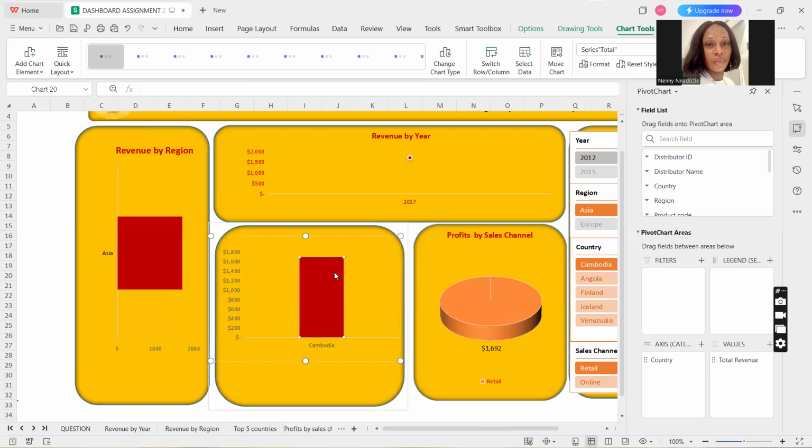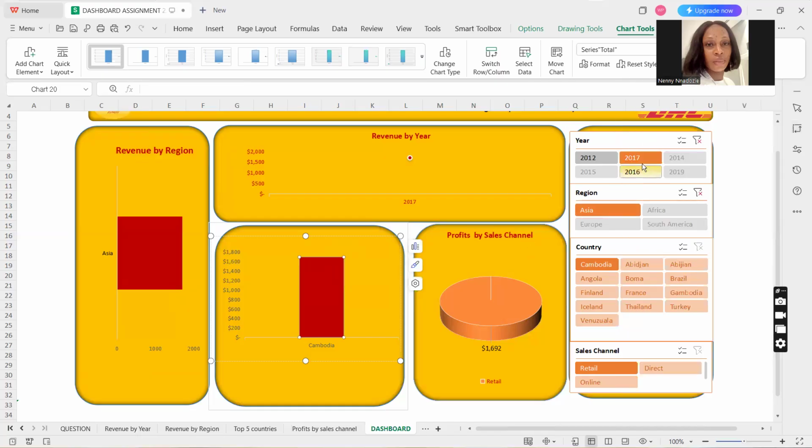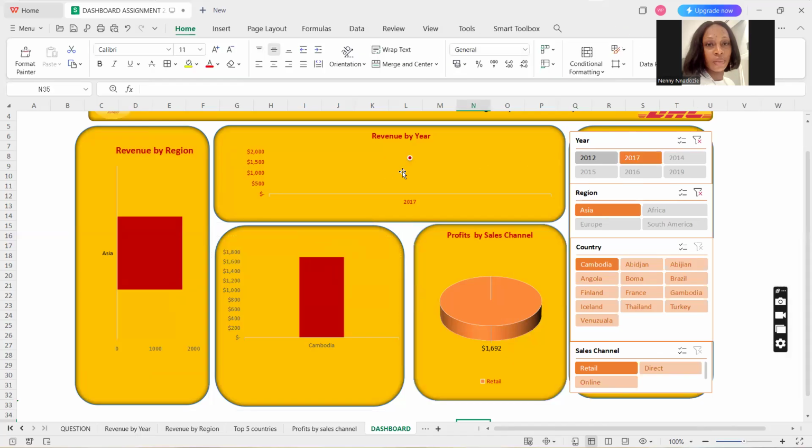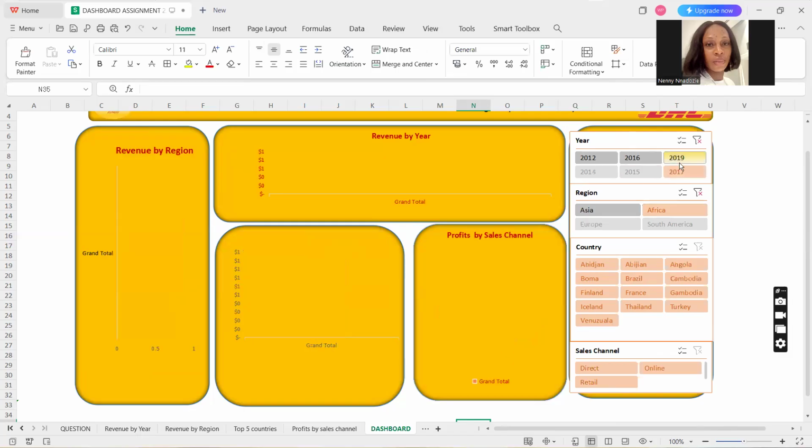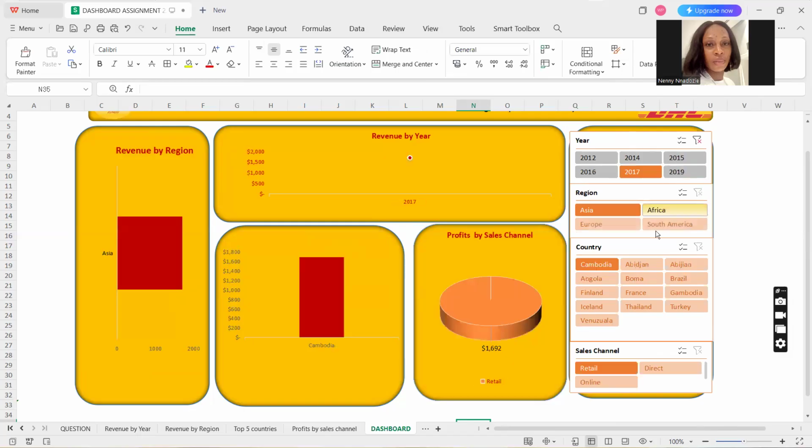Then it's just Cambodia as a country that made revenue of 1,692. Yeah, and they used only the retail. So let's check. We are still on 2017 that has the lowest revenue by year. So let's check what Africa made then in 2017.